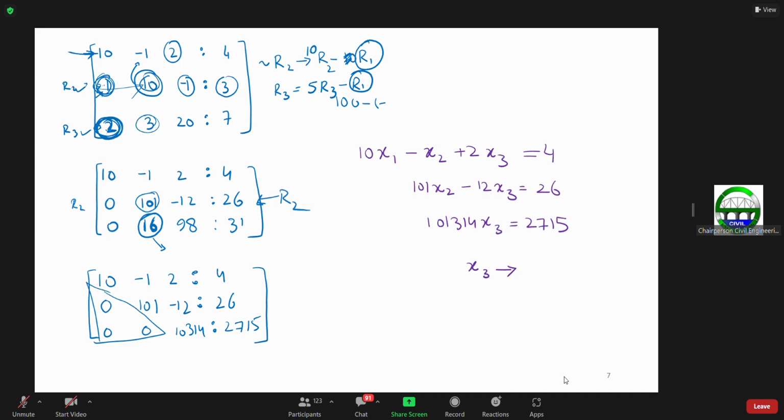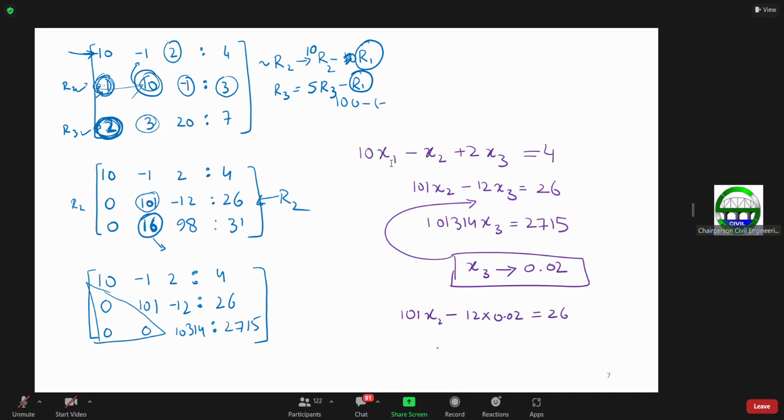10314. It is equal to 0.02 x3. If you put the value of x3 in here, so 101 x2 minus 12 into 0.02 is equal to 26, or 101 x2 is equal to 26 plus 12 into 0.02, equal to 0.24.